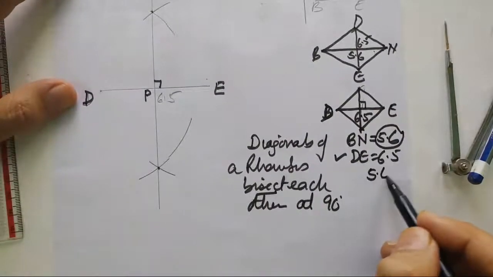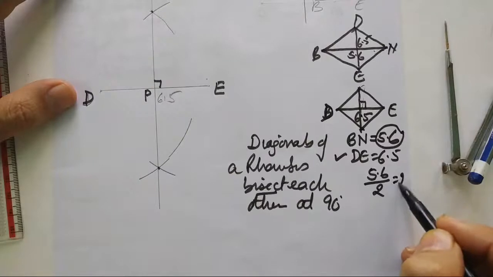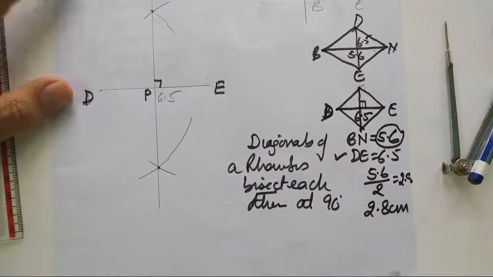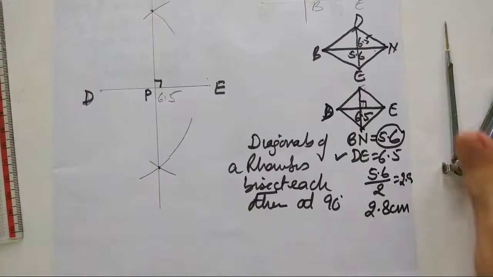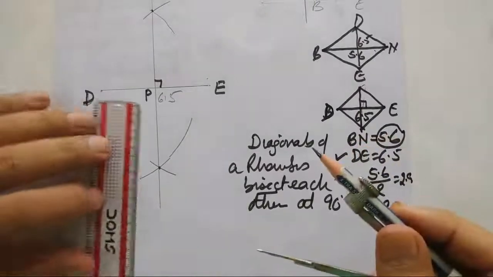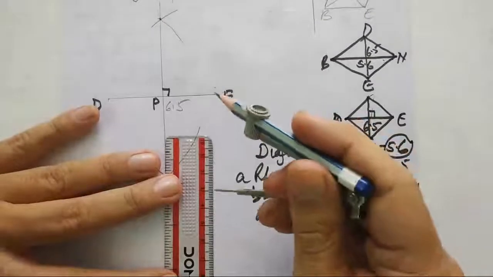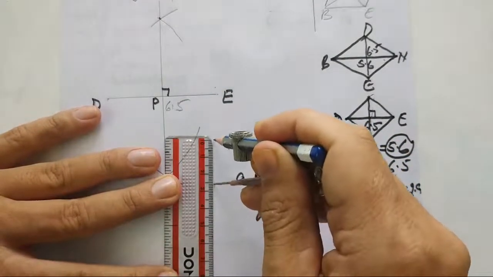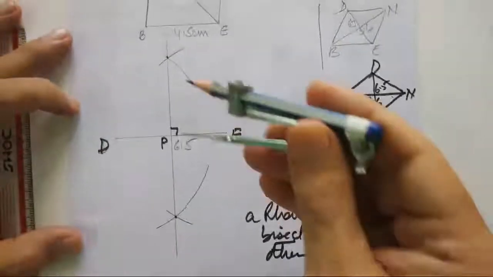So 5.6 half will become 2.8. So I have to make 2.8 centimeter two arcs. So again you will use a scale, measure 2.8 from the scale. So this length is 2.8.